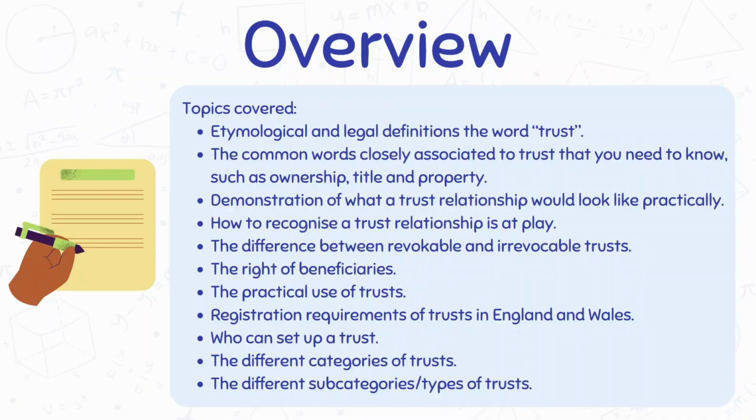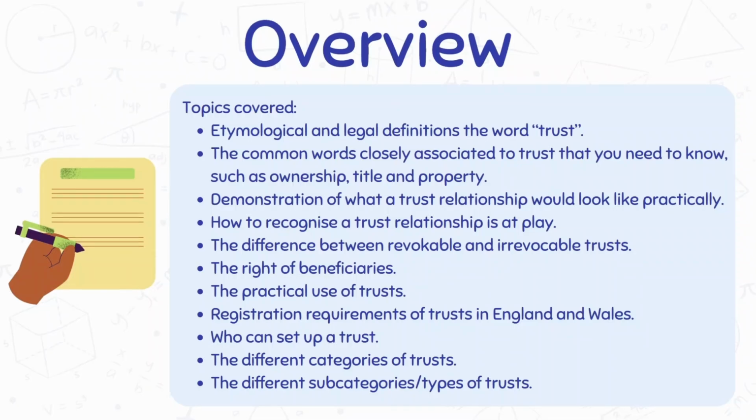We've shown you how to recognize that a trust relationship is at play. We've looked at the difference between revocable and irrevocable trusts. We've looked at the rights of beneficiaries, the practical use of trusts, the registration requirements of trusts in England and Wales. We've talked about who can actually set up a trust. We've gone through the different categories of trust and also the subcategories.